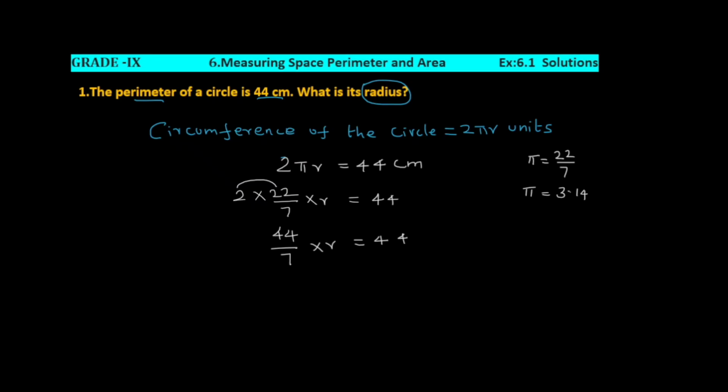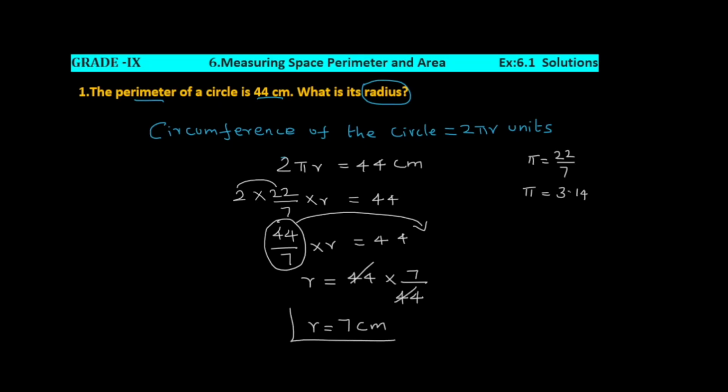Transposing the fraction 44 by 7 to the next side as the reciprocal, 7 by 44. Cancel 44 and 44. So radius of the circle is 7 centimeter. So we got the radius. Radius of the circle is 7 centimeter.